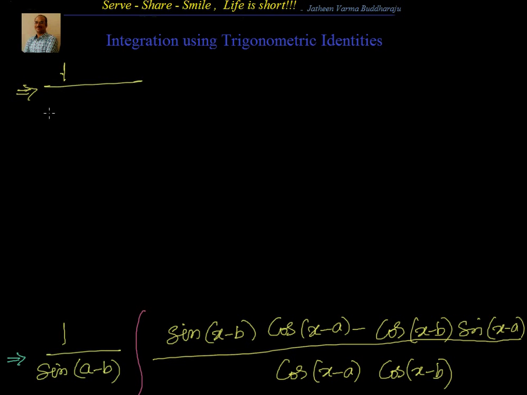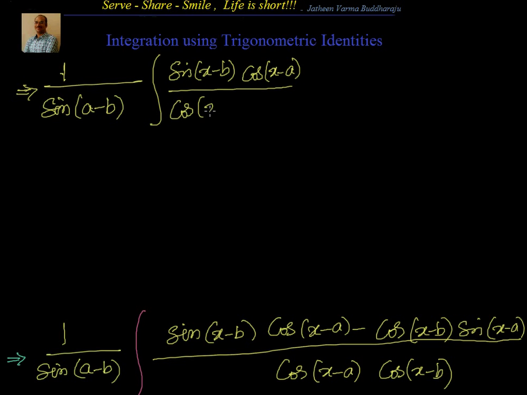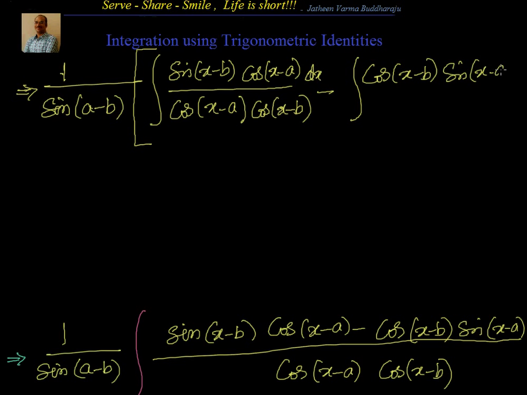That's equal to 1 by sin of a minus b, then the integral of sin of x minus b cos of x minus a divided by cos of x minus a cos of x minus b, minus again the integral of cos of x minus b multiplied with sin of x minus a divided by cos of x minus a and cos of x minus b, and we have a dx here, here too.